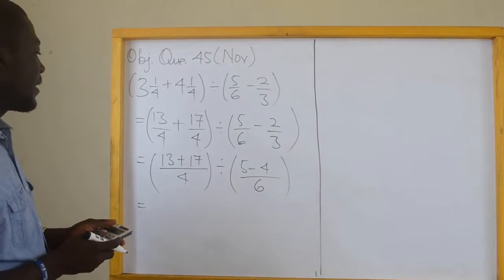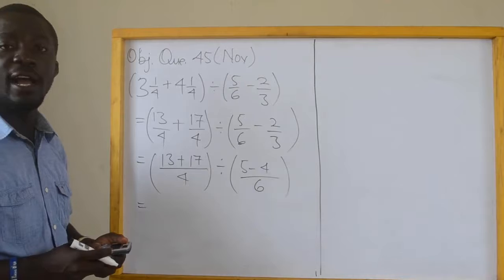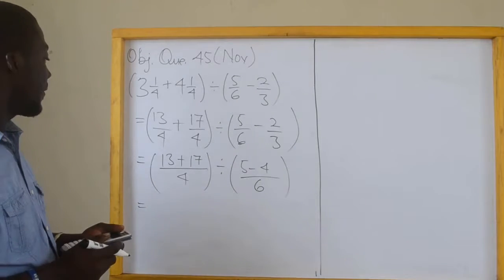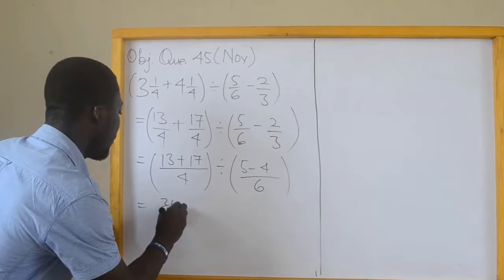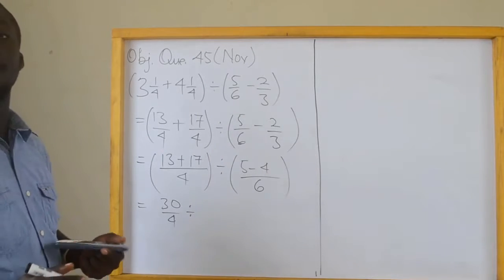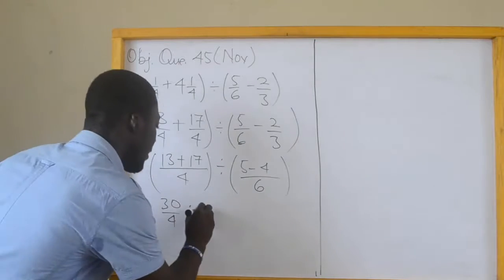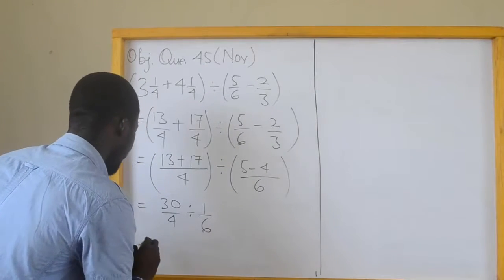So 13 plus 17, we are going to get 30 over 4, divided by 5 minus 4, we are going to get 1 over 6.